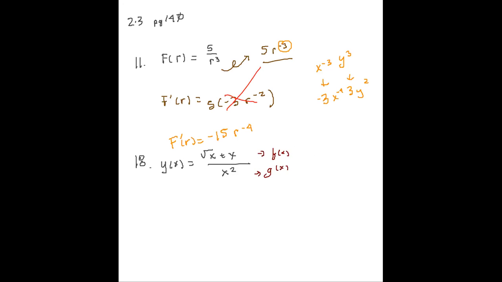Or you could do what I believe it's Remy suggested, which is turn this into root x plus x times x to the -2, another good strategy. But we're going to use the quotient rule.